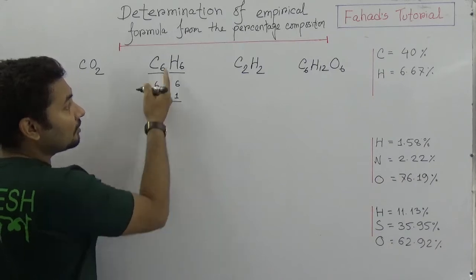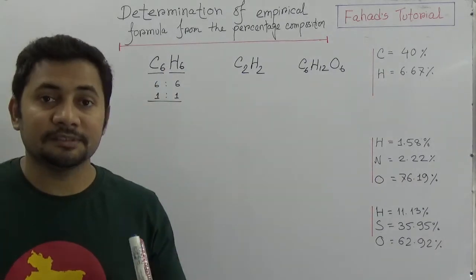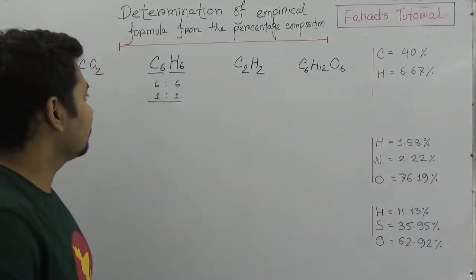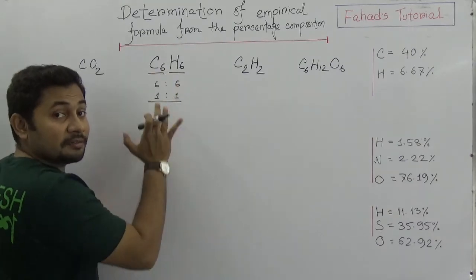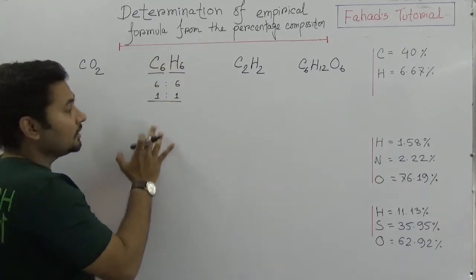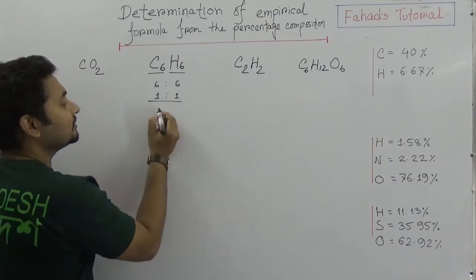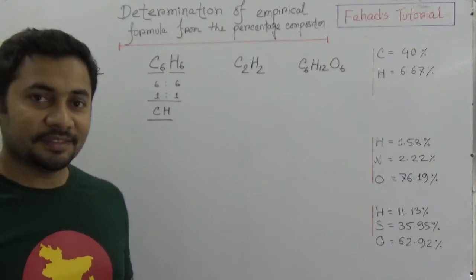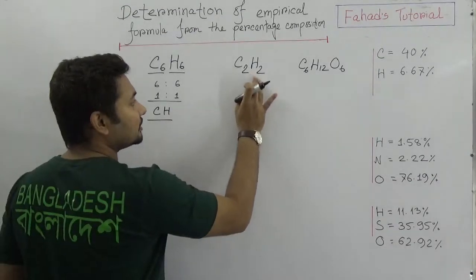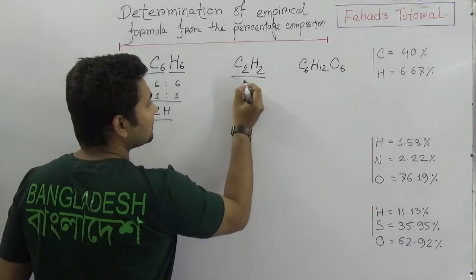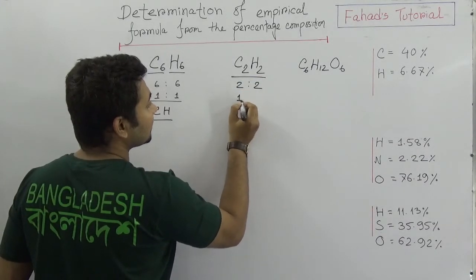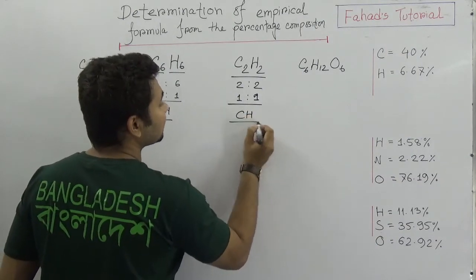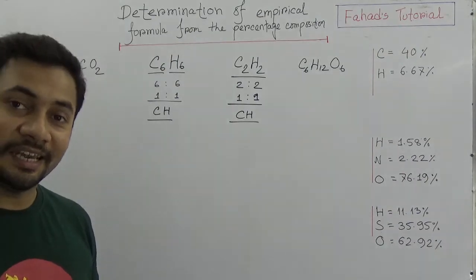This is the ratio of the number of atoms of carbon and hydrogen in benzene. So the empirical formula of benzene is CH. Think about ethyne, C2H2. Similarly, there is the same ratio of carbon and hydrogen, which is 1:1. So the empirical formula of ethyne is CH.